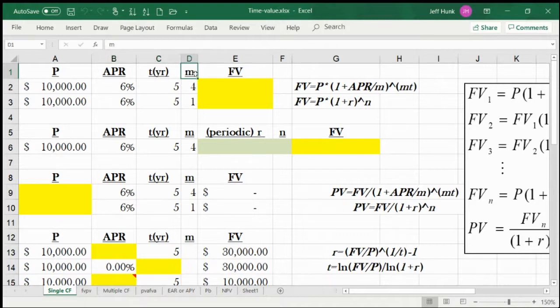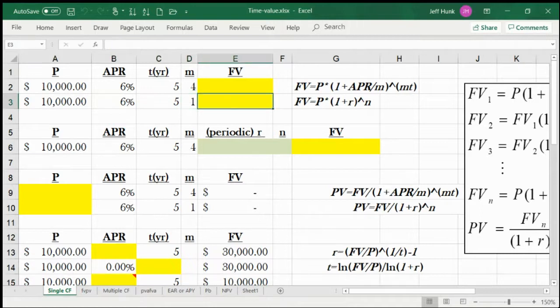Time in years. Now, M is the compounding frequency. Of course, that's future value. So our last example was like this. Principal was 1,000, 6% APR, 5 years, and compounding is annual.